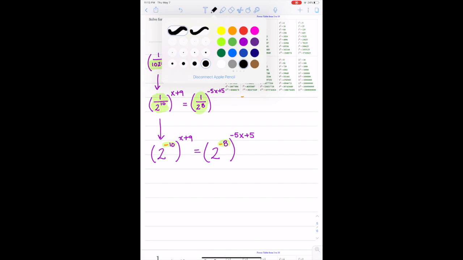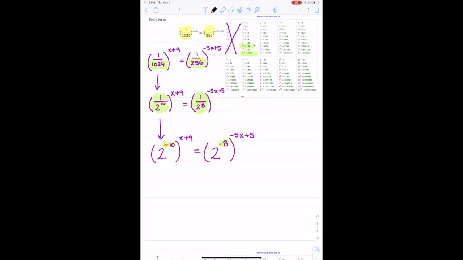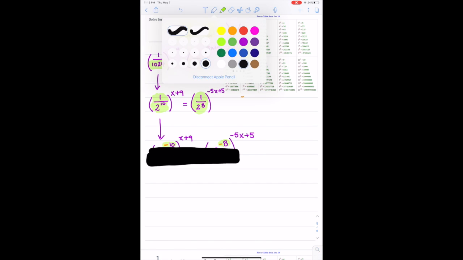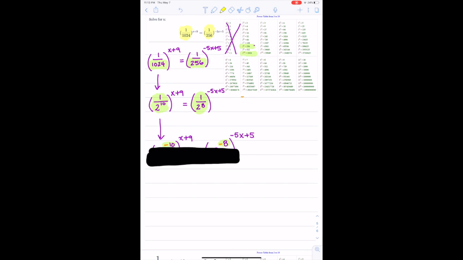Remember how once we got the common base, now we have 2 as the base, we really don't care about that part anymore because that part is already equal. Now we're trying to make the rest equal. So we're trying to see where this exponent equals this exponent. Actually, before I do that, it's probably a good idea to apply the power rule.